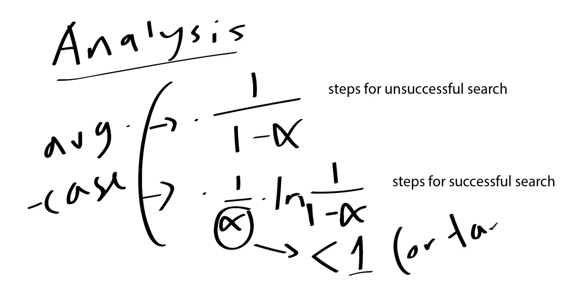If the table is full, then we have no choice but to chain, but then we're not doing open addressing anymore. For open addressing, we do need that n is strictly less than m, or in other words, our load factor is strictly less than 1.